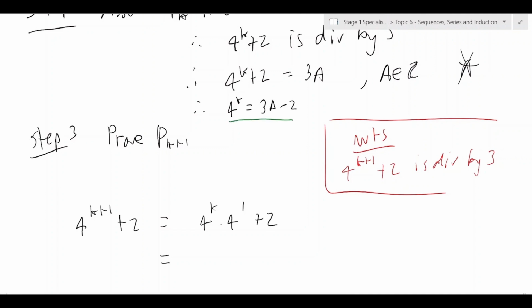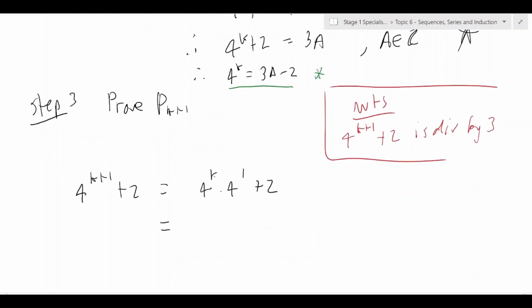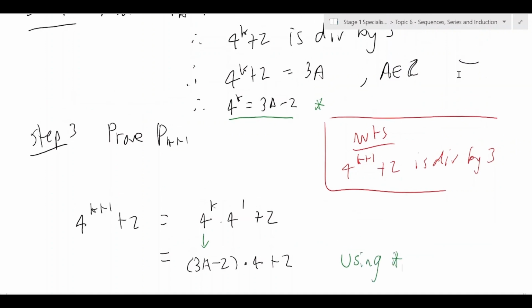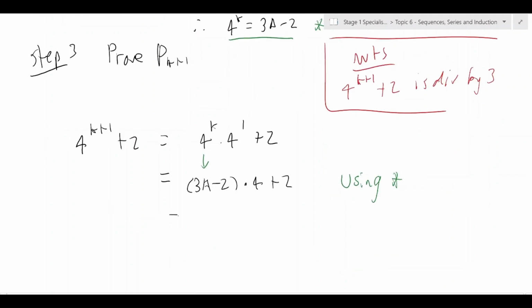And essentially, we can replace 4 to the k with 3a take 2 here, so times 4 plus 2 still. Now this is using star. So yeah, these division proofs, it always helps if you rearrange it like that. Now we can just keep expanding and simplifying.